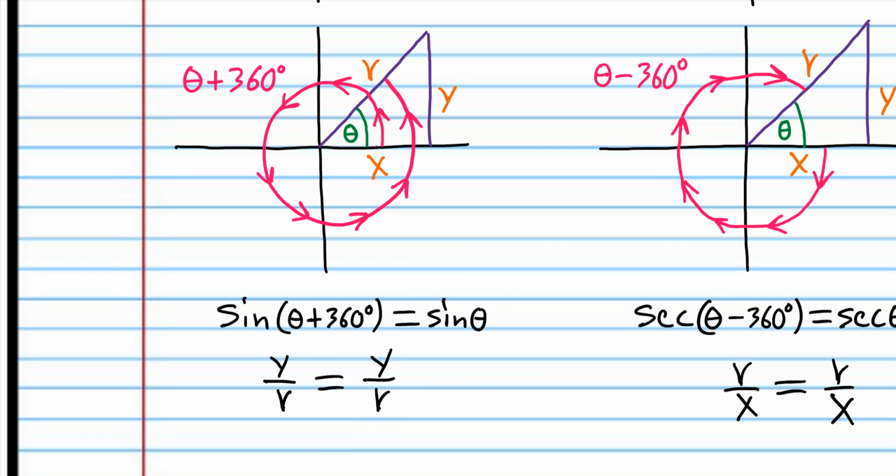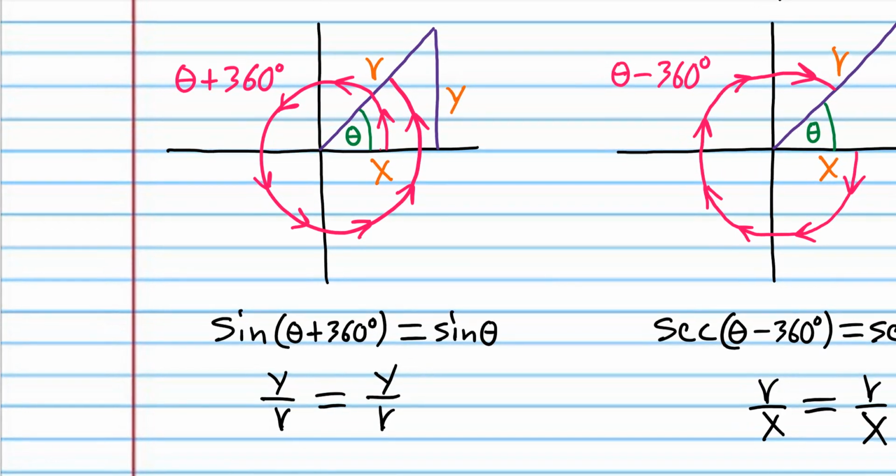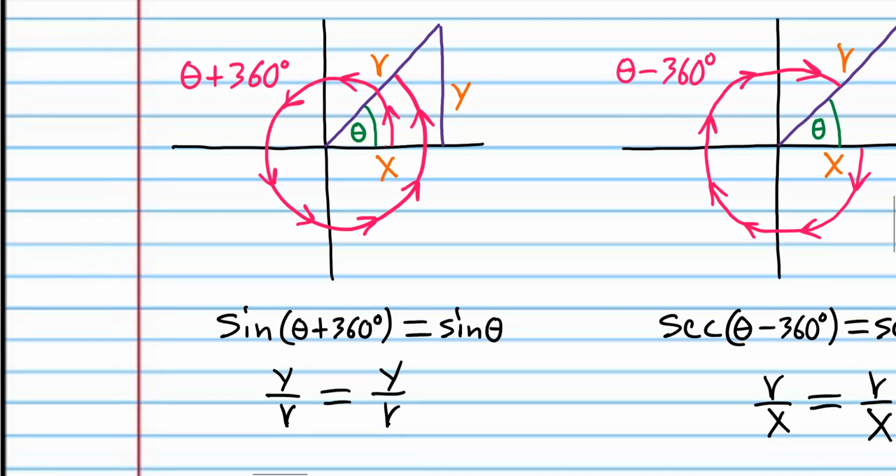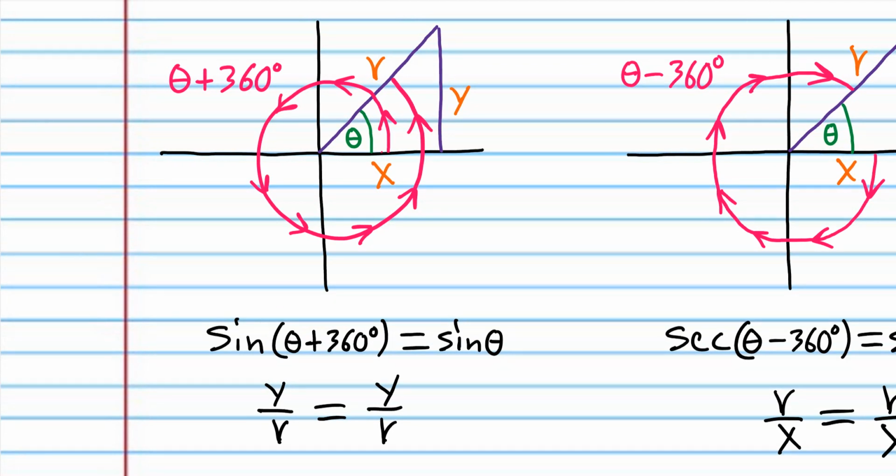Well, now let's take theta. You see this orange theta here, and now let's add 360. So what does that mean? It means we're going to start here. We're going to rotate theta degrees. That's this theta here.